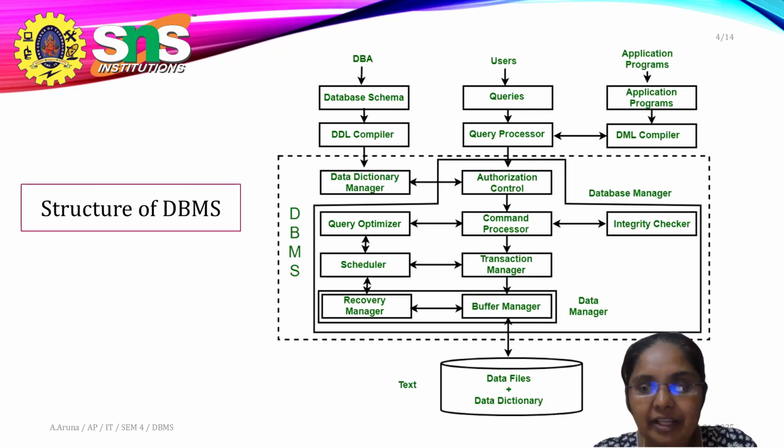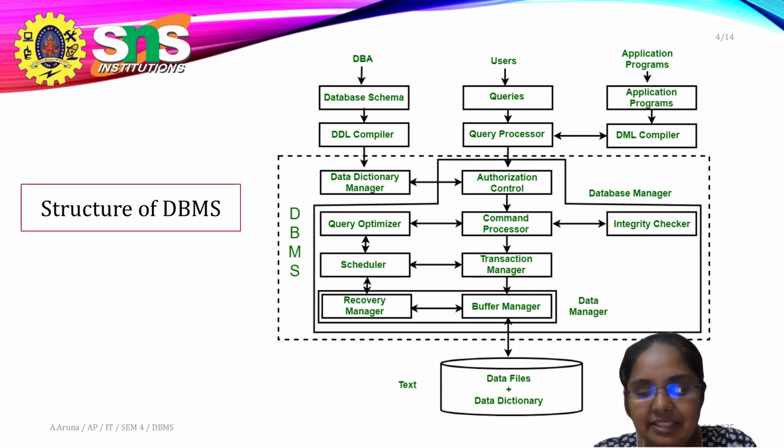Now how the query evaluation engine works with the storage manager: the storage manager contains two different types of managers, a data manager and a database manager. The database manager connects to the data dictionary manager, which is directly connected to the data files and the data dictionary. Through that, your data can be retrieved.